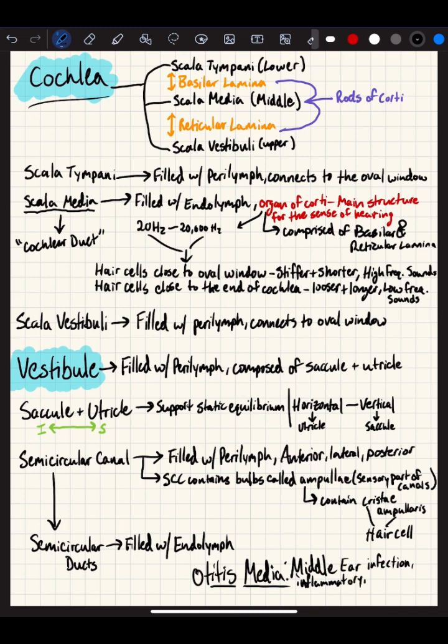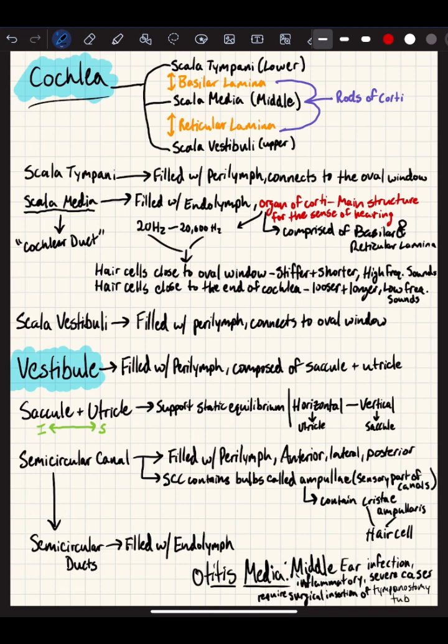And severe cases of it require surgical insertion of a tympanostomy tube.